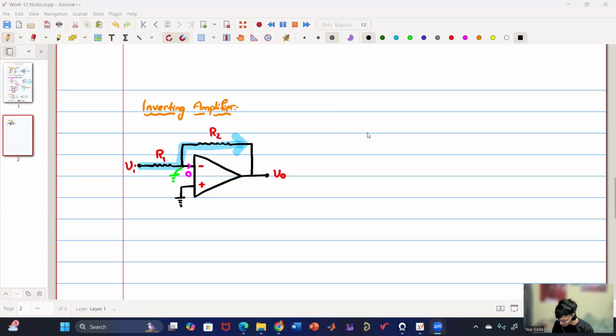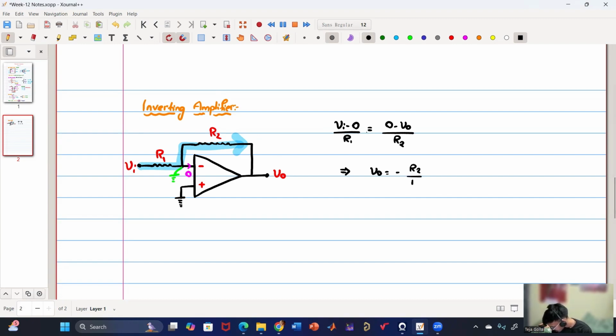Yeah, very good. Basically the current flowing through R1 from left to right is Vi minus 0 by R1, and the current flowing through R2 from left to right is 0 minus V0 by R2. So from this we'll get V0 equals minus R2 by R1 into Vi. Agree everyone?